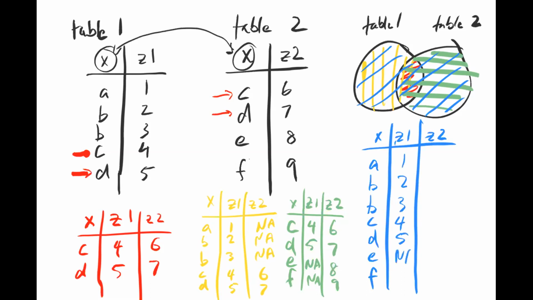And then these will be NA. And then here, these will be NA in Z2. This will be 6, 7, 8, 9. Okay. So these are the 4 different types of merges.